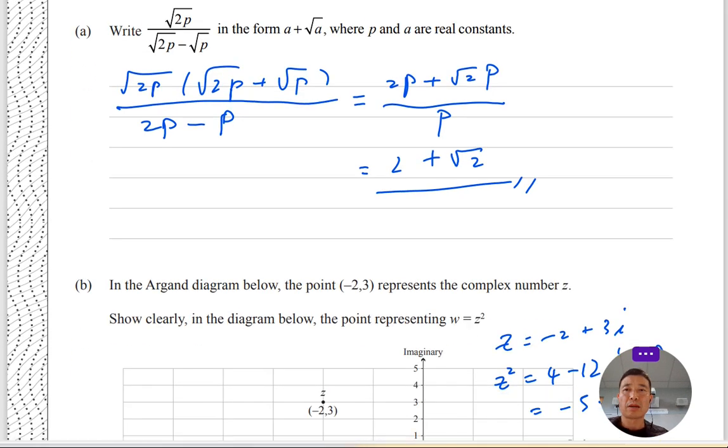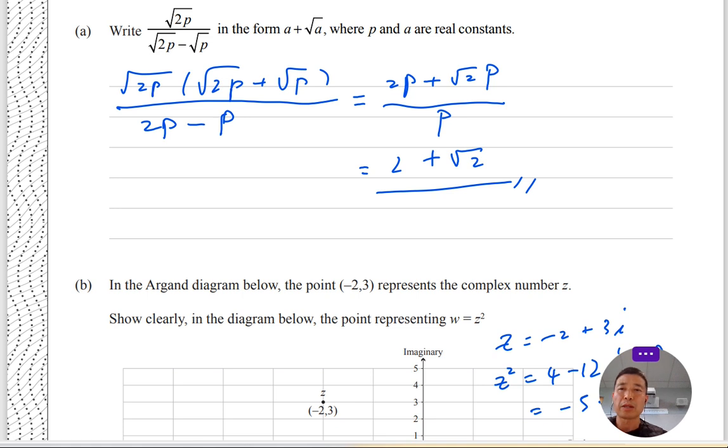And question 3: write square root of 2p over square root of 2p minus square root of p in the form a plus square root of a. Again, you have to rationalize, so you multiply by the conjugate, which is square root of 2p plus square root of p.